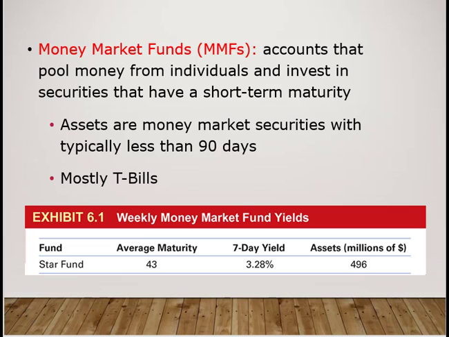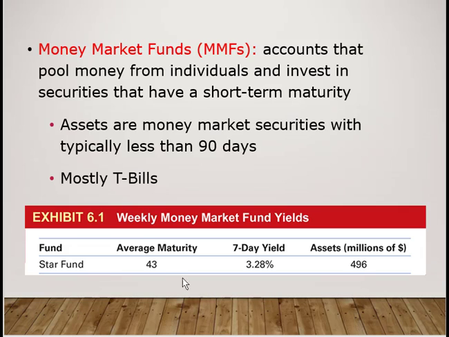We also have money market mutual funds. Again, this is an account. It's a pool of money from individuals. The money market mutual fund invests these in short-term maturity. Again, assets are typically invested in are 90 days or less, mostly treasury bills.